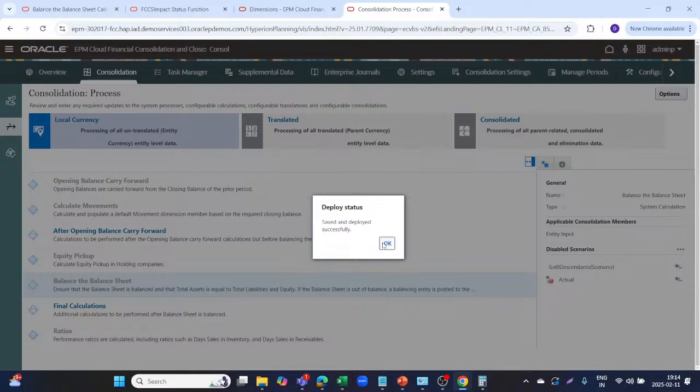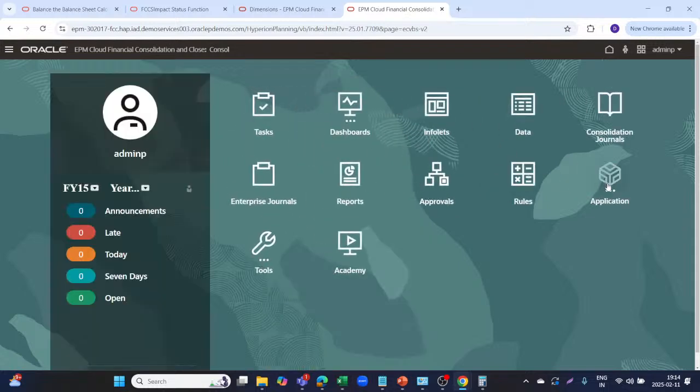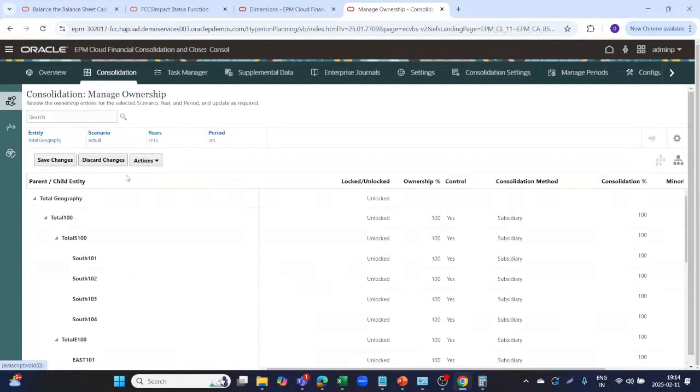Okay, after this I'll go back to consolidation and ownership structure. We'll check for this ownership structure because I want to run the rule, business rule.